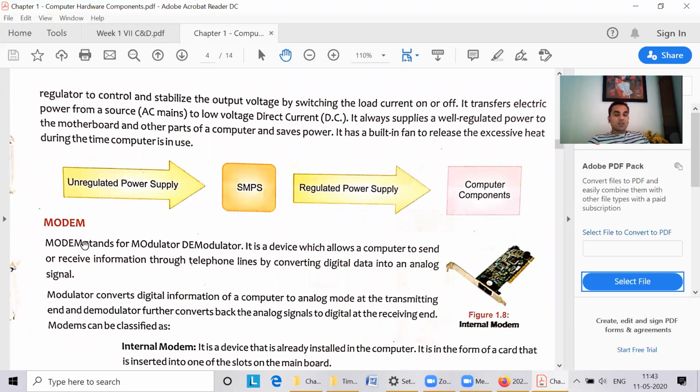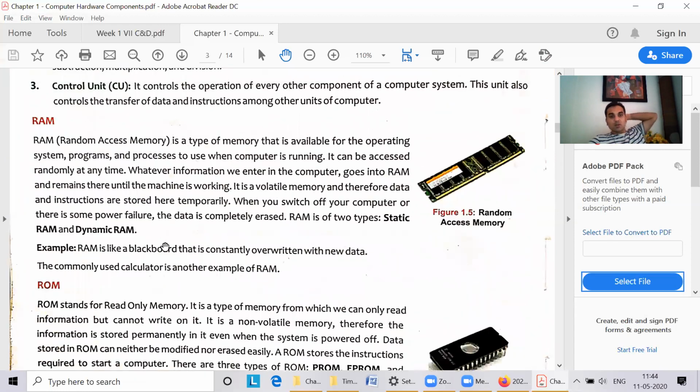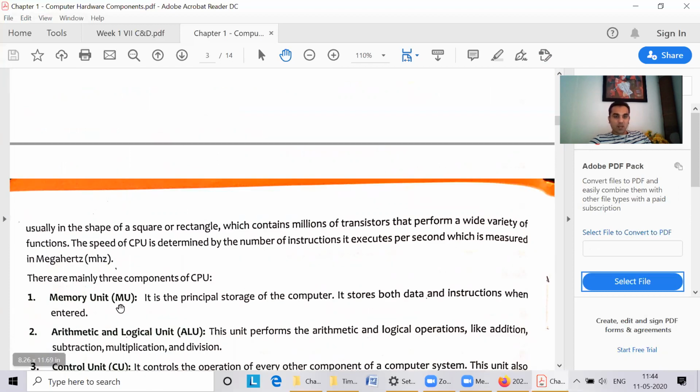Now in the next session we will go for the modem. What is a modem and how it works. If you have any doubt, we will connect this meeting again with the same ID, and come with the doubts. Take a 5-minute break and come with the doubts if you have.